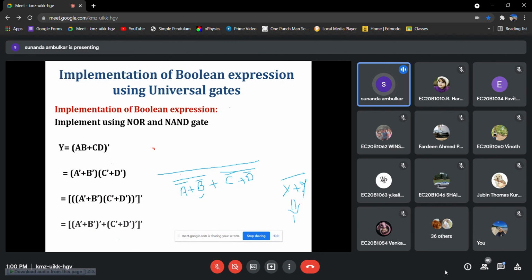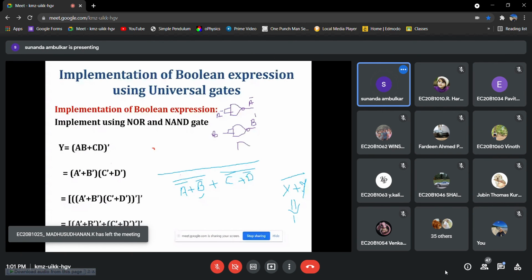So here, this will be A, so this will be A bar. Now if this is B, this will be B bar.